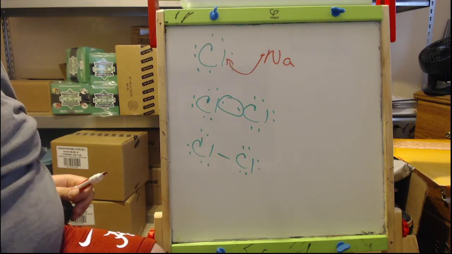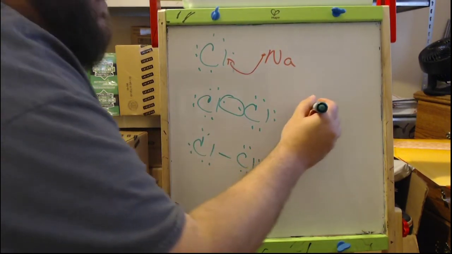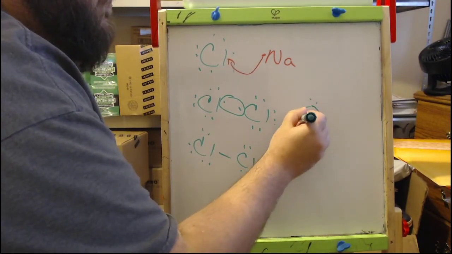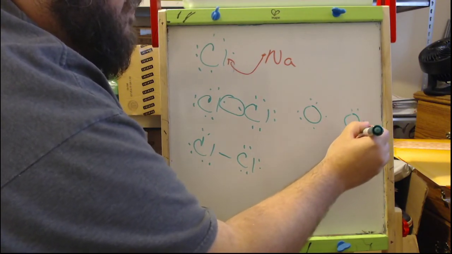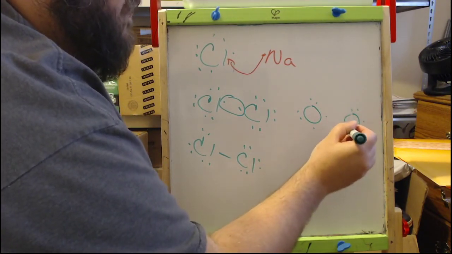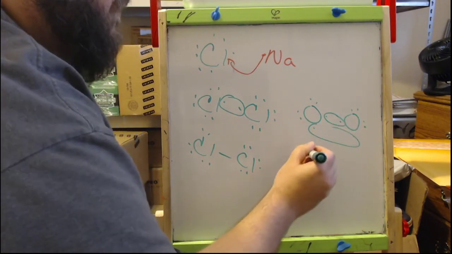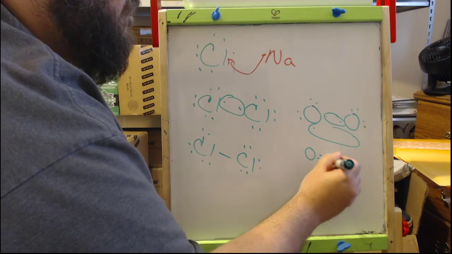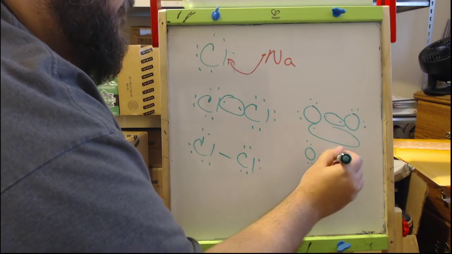So how many electrons I need, essentially, to complete the octet and be happy will determine how many times I bond. Okay, so here and here, and we represent that by 2 lines, also known as a double bond.